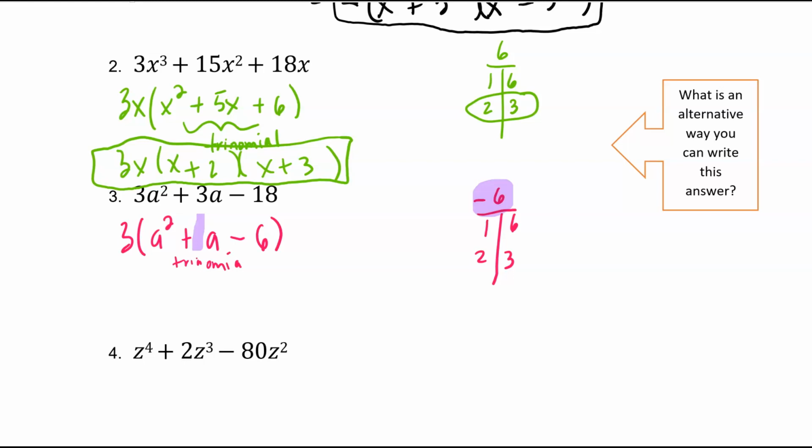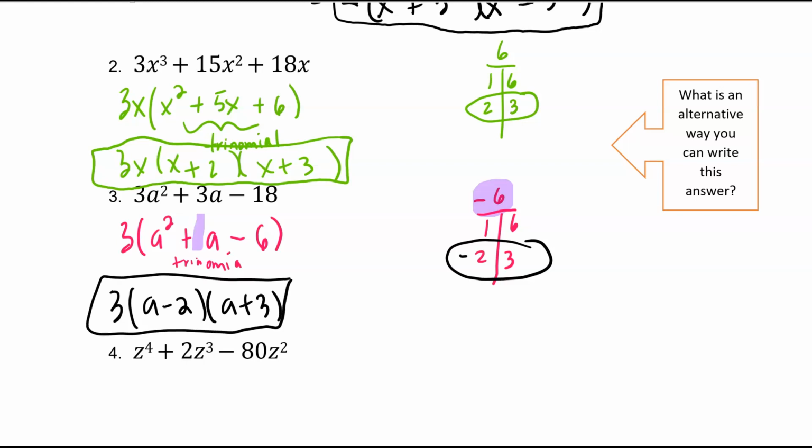Alright, so it looks like what will work is what? Looks like a negative 2 times 3 will work. So our final answer is 3 times A minus 2 times A plus 3, since our winning pair was negative 2 and 3.